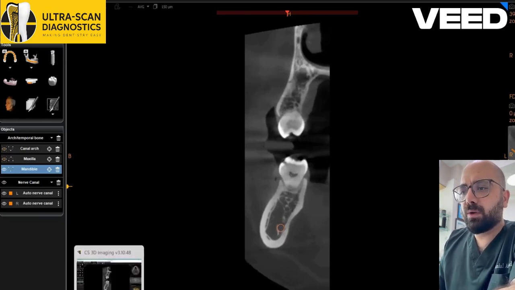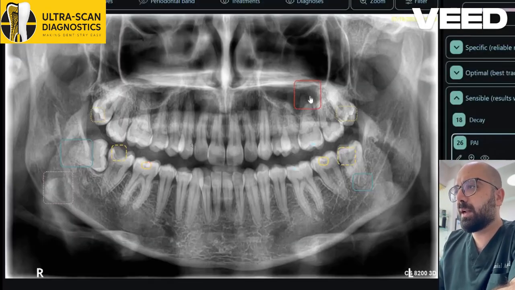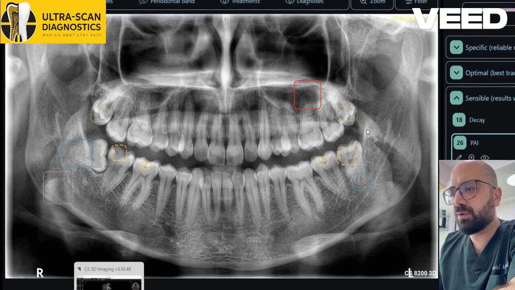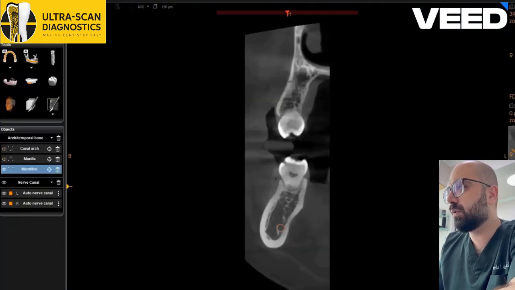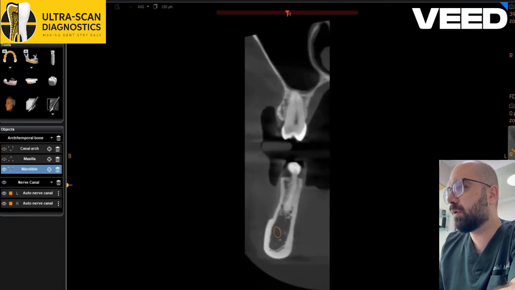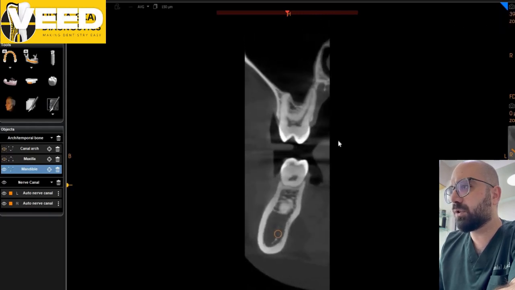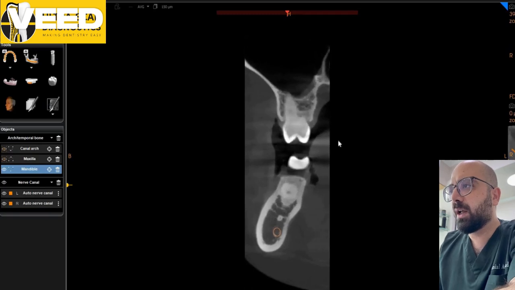Now we'll move on to the third problem, and that is right here. Periapical radiolucency in the upper left 6, very close to the sinus. Let's take you to the upper left 6, and there you go, on the transaxial view, which is the true cross section. And here this is where we actually catch on, and there is no periapical radiolucency.